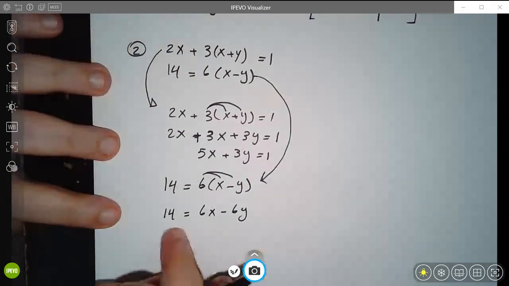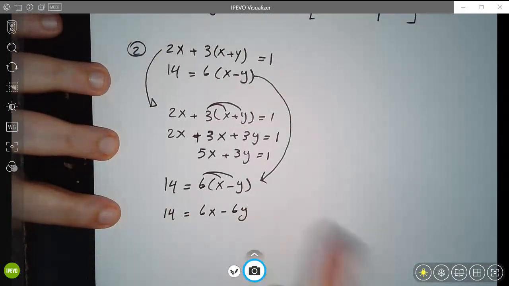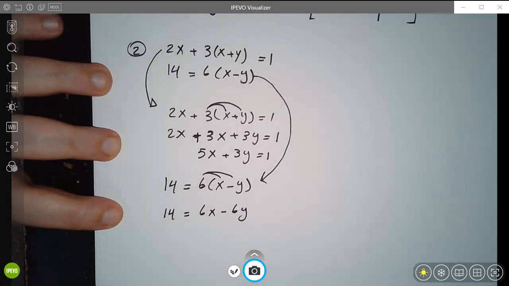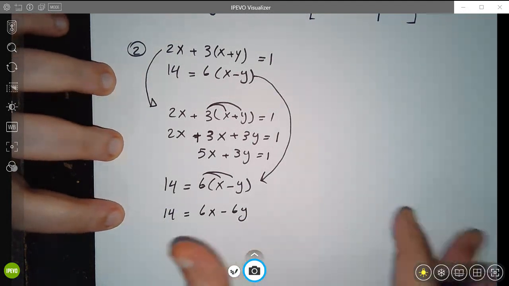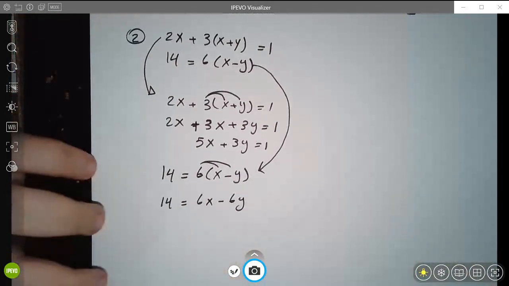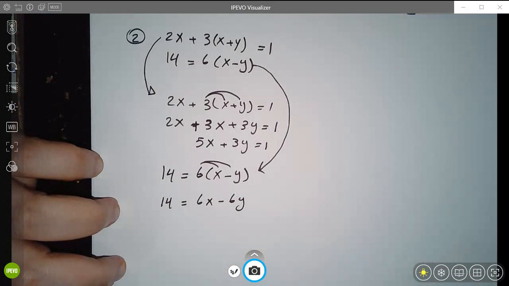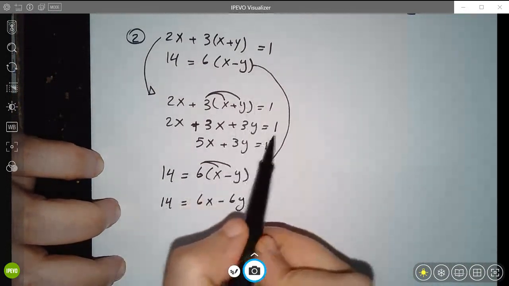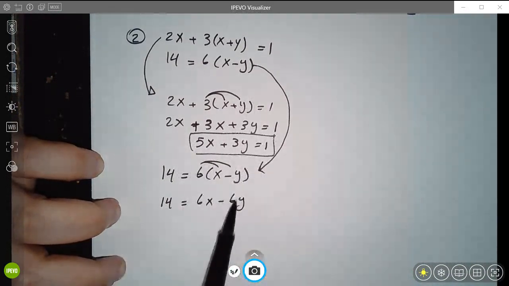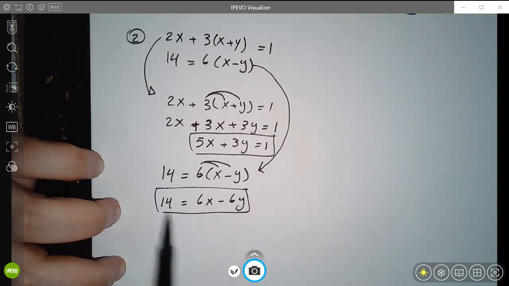So far, so good. Now you can write the equal 14 on this side and be done with it, but it's up to you. If you switch sides, the signs are going to switch as well. But anyway, we are good to go. This is my first equation, and this is my second equation.